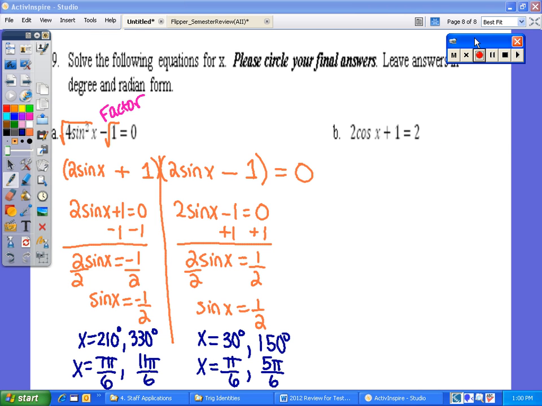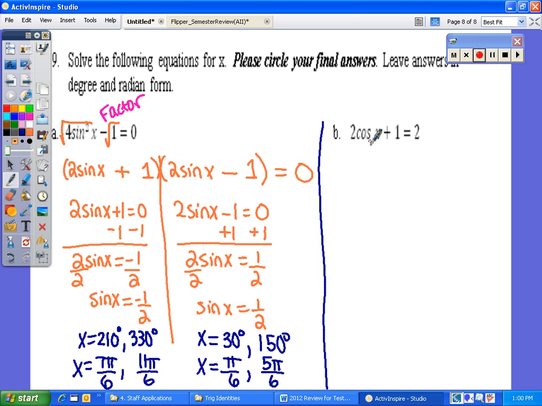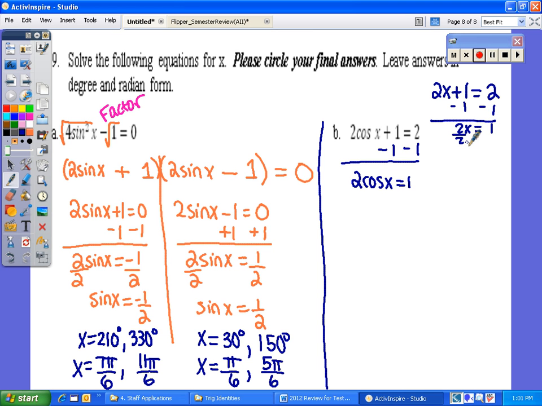All right, last but not least is part B. Part B is a regular two-step equation. You would solve it just in the same way that you would solve this question. Minus 1 and then divide by 2. So cosine of x is equal to 1/2.